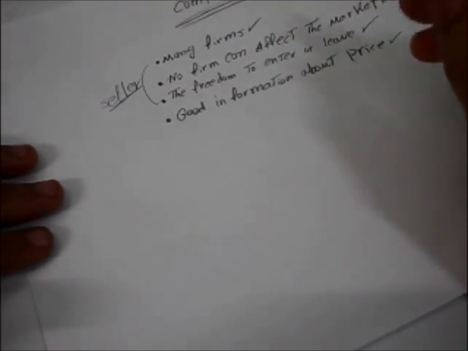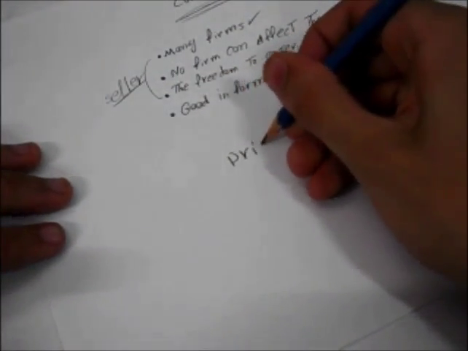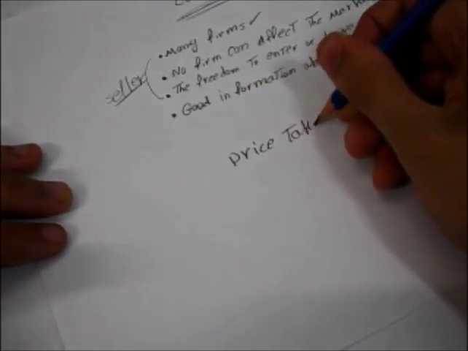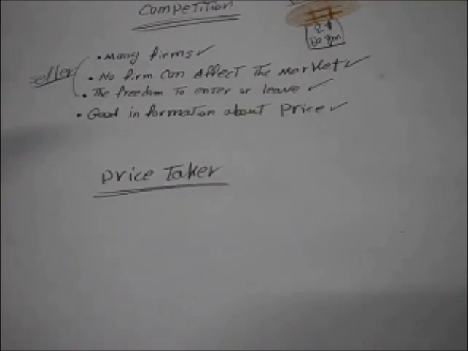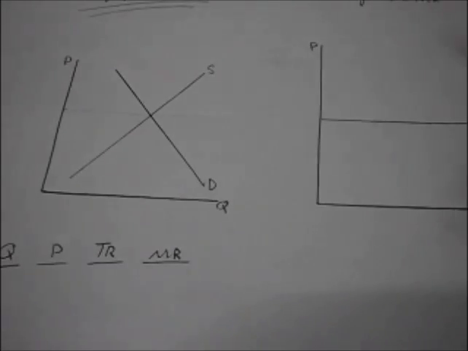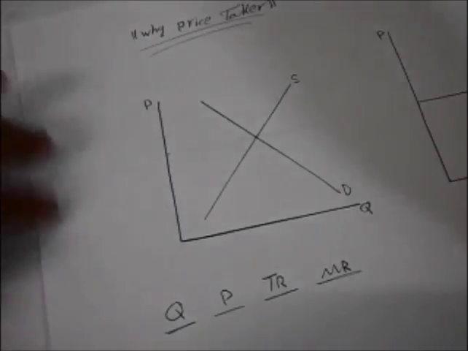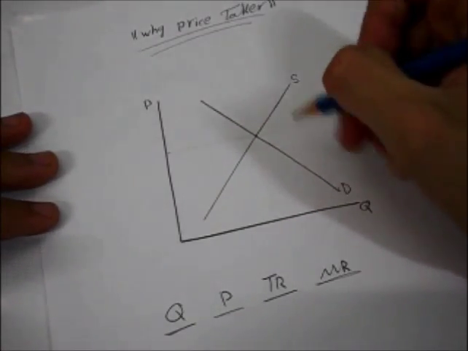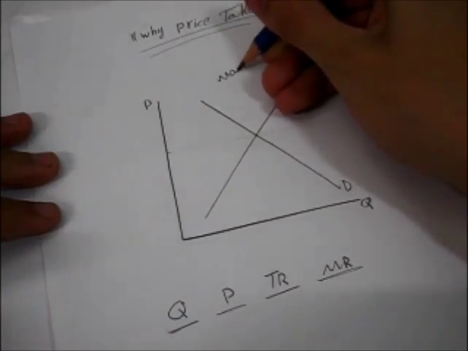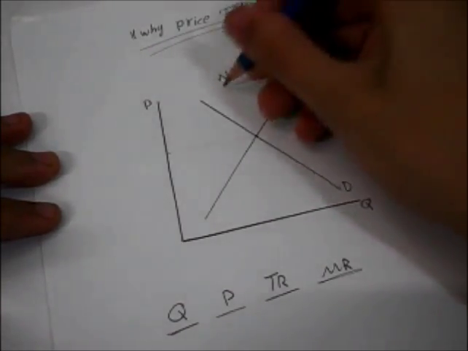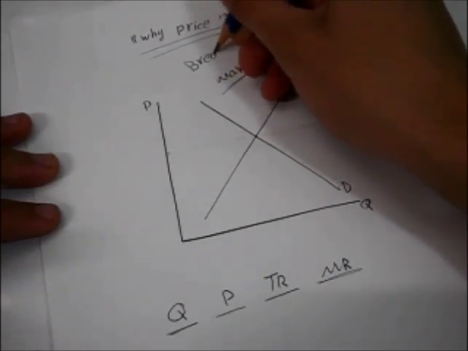What I want to get from these criteria is a simple fact that the firm is a price taker. What does it mean to be a price taker? Well, let's examine a simple demand and supply curve market-wide.